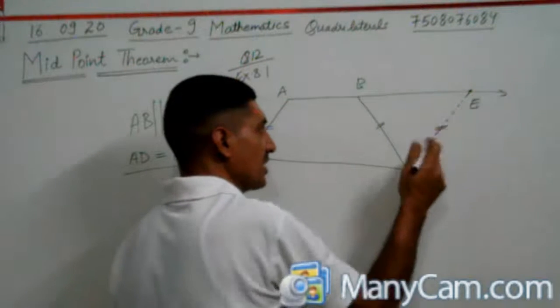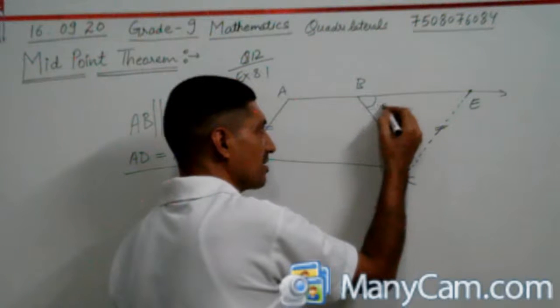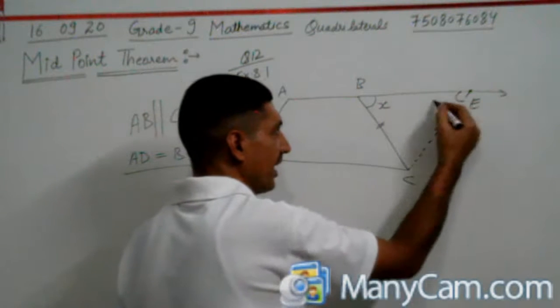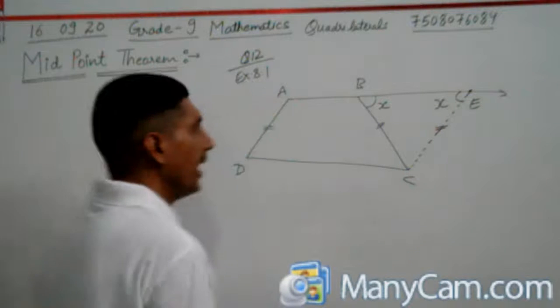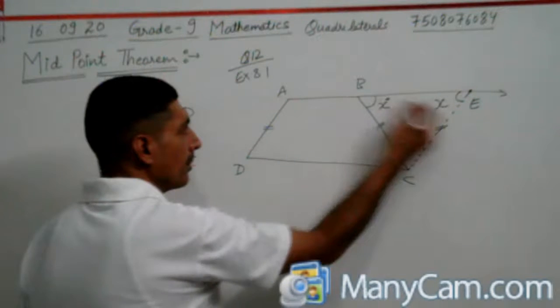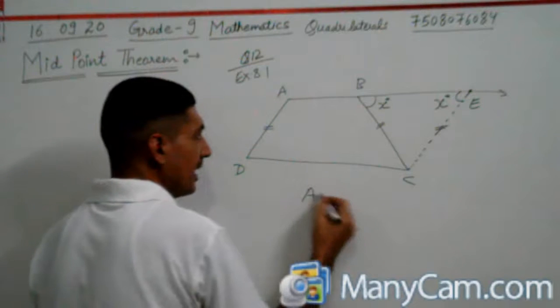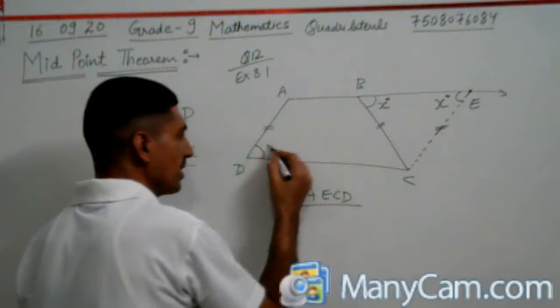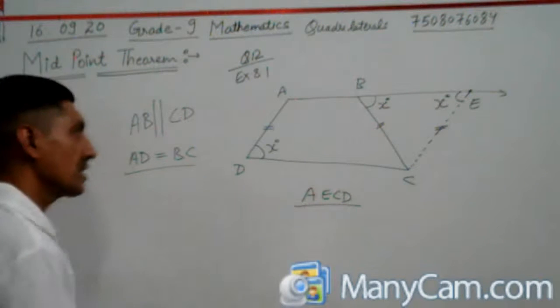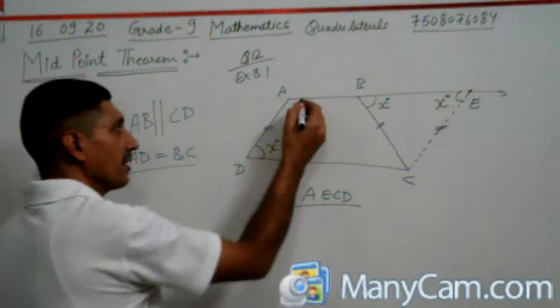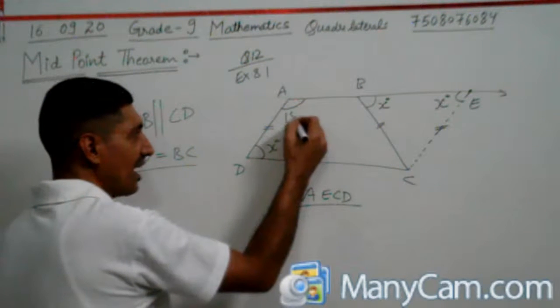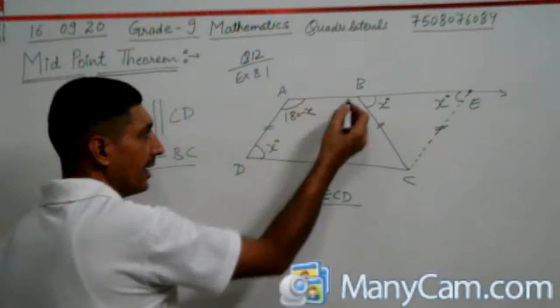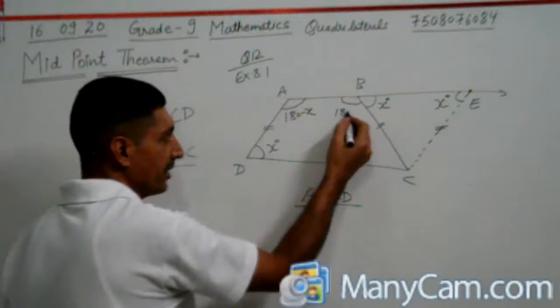BCE is an isosceles triangle, so these angles must be equal. Angle X, and the parallelogram AECD, opposite angles must be equal. So this angle is X, adjacent angles are, and here linear pair, that is 180 minus X.